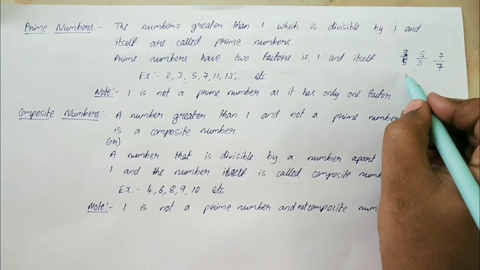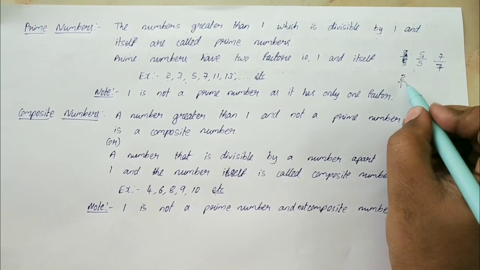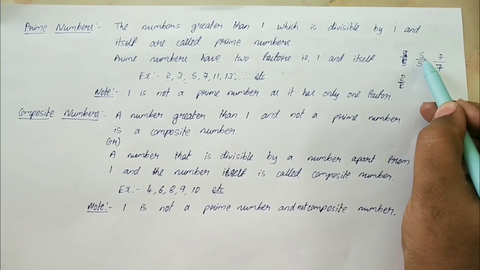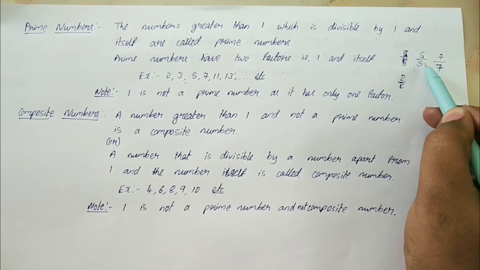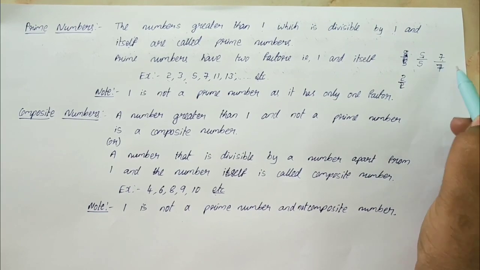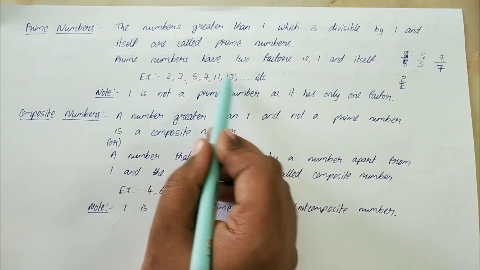For example, 2 is divisible by 1 and it is also divisible by 2, right? And 5 is divisible by 1 and also by 5, right? 7 is also divisible by 1 and also by 7 itself. So that's why we call these numbers prime numbers.